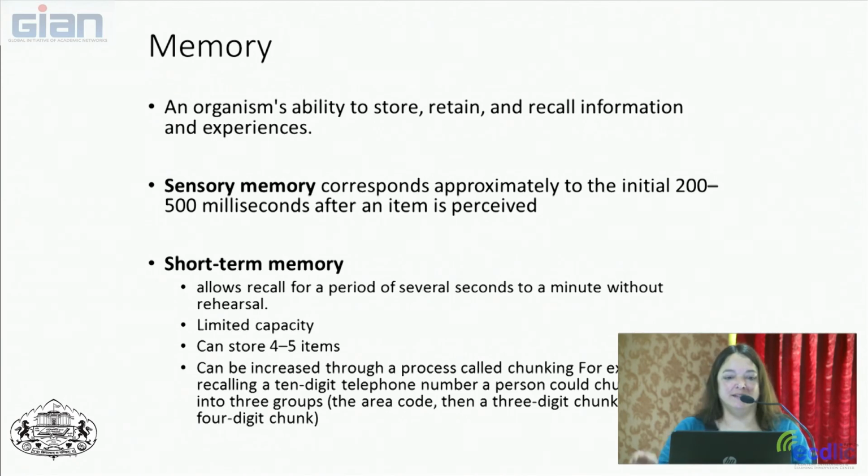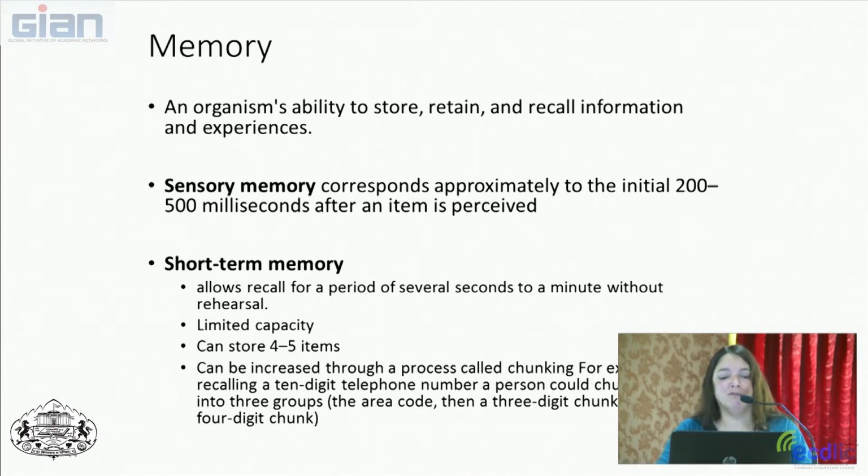Okay, so again, memory is an organism's ability to store and retain information and recall it. Sensory memory corresponds approximately to the initial 200 to 500 milliseconds after an item is perceived. Short-term memory can allow recall for a period of only several seconds to a minute without rehearsal, and your short-term memory has a limited capacity.